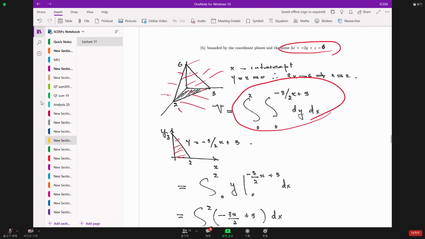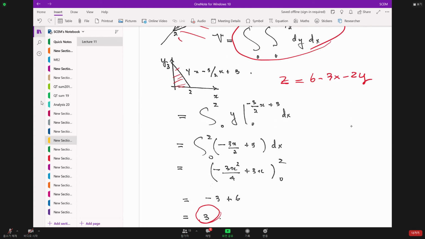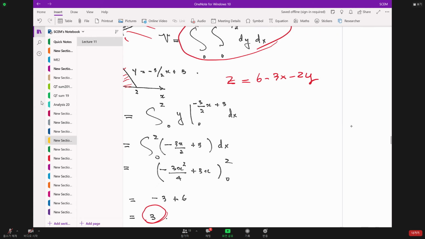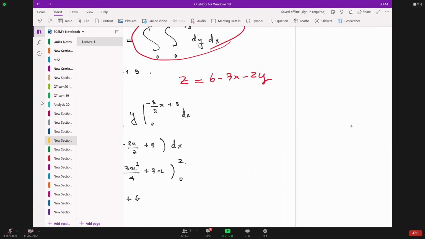This is the second part. We want to find the volume over that. I have to write this: 6 minus 3x minus 2y. There is a mistake here. To find the volume, this is what we do. We integrate this.